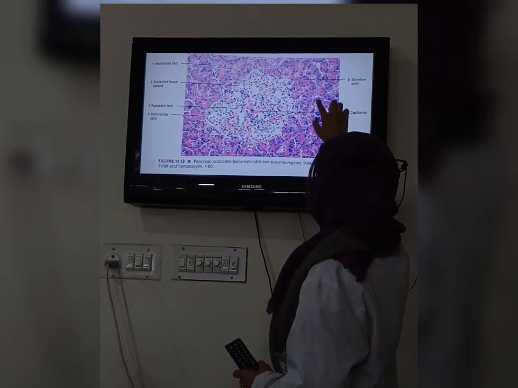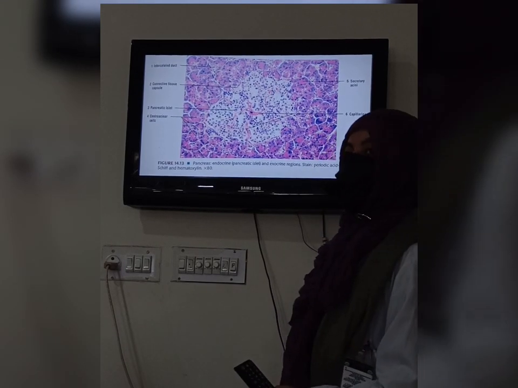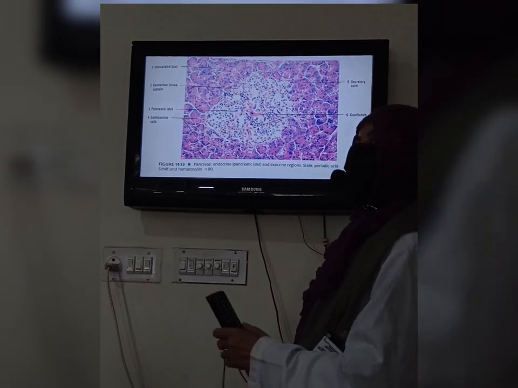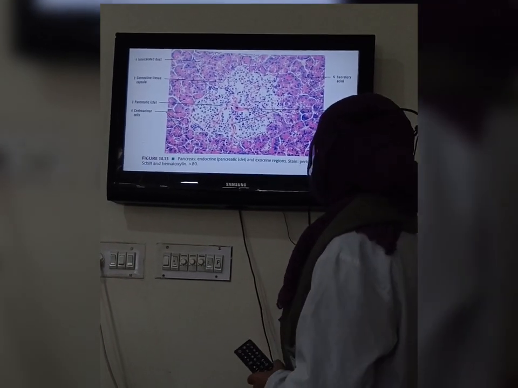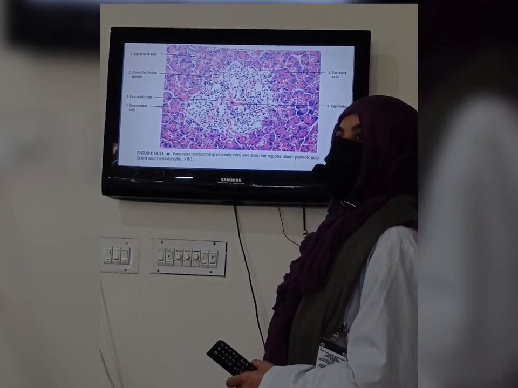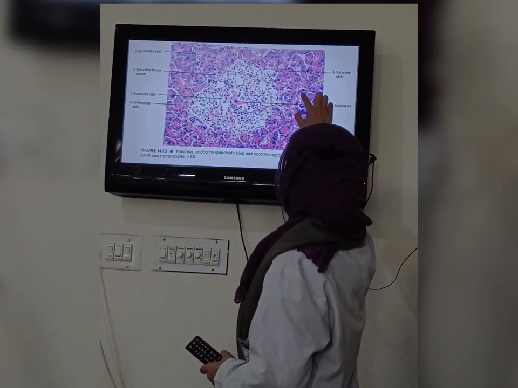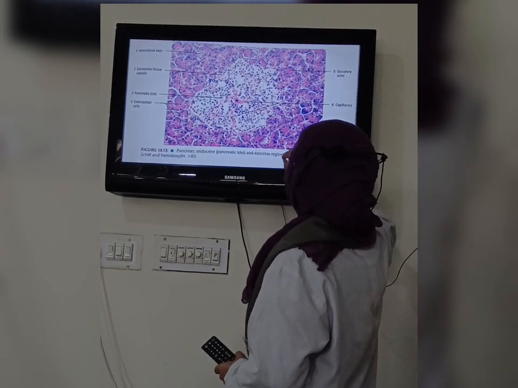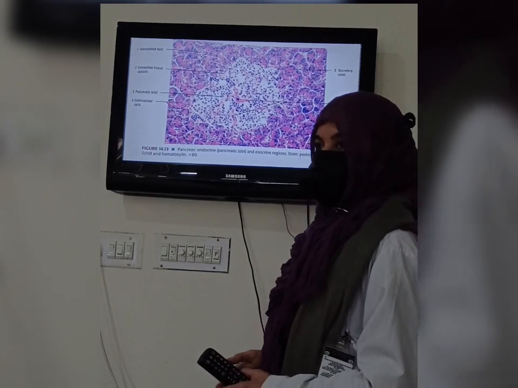Here these are very well marked and they show intense basophilic staining. We know the nucleus takes it, and the nearby organelles also take this darkly stained area, like rough endoplasmic reticulum, ribosomes, or the supranuclear position of the Golgi complex. And a striking thing is that the center takes the eosinophilic stain.